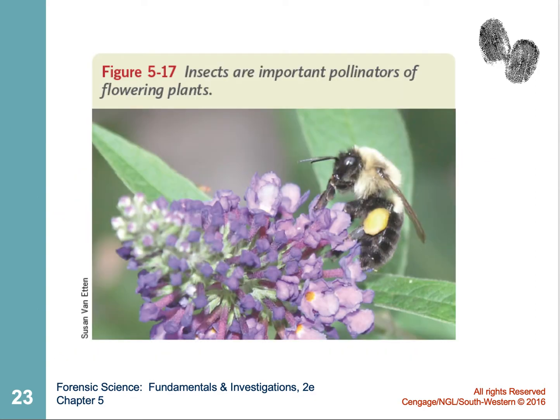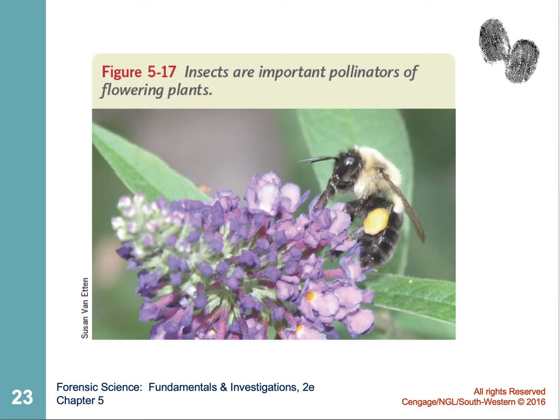So here's an example of a bee pollinating a flower. As it goes to the next flower, it's picking up the pollen here. As it goes to the next flower, it will deposit that pollen into the flower and create fertilization there.